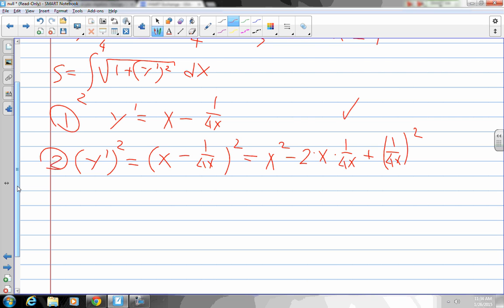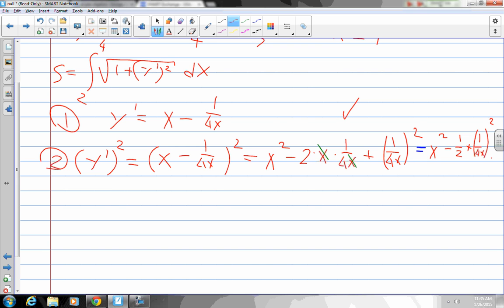Using our favorite formula, this reduces: x and x cancel, 2 and 4. So this is x squared minus 1 half plus 1 over 4x squared. I'm going to leave it like that as a big square.